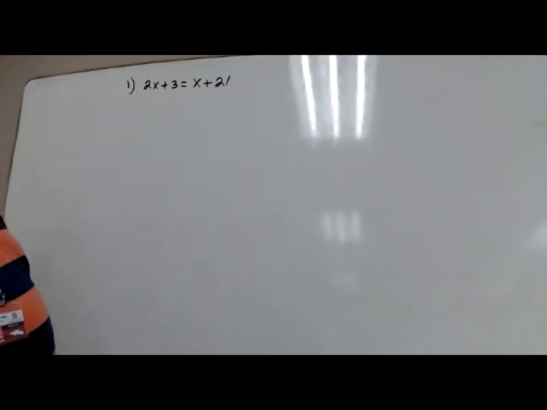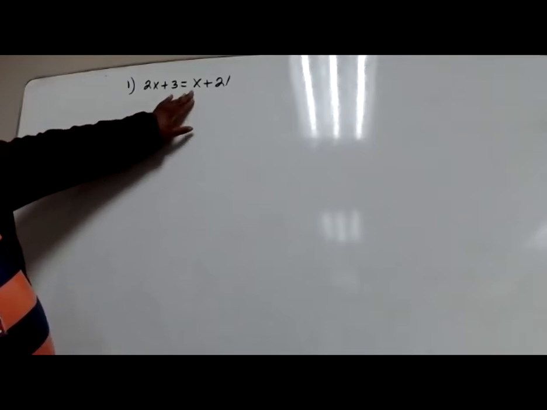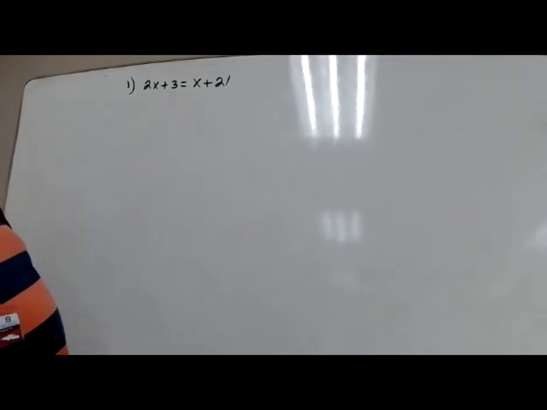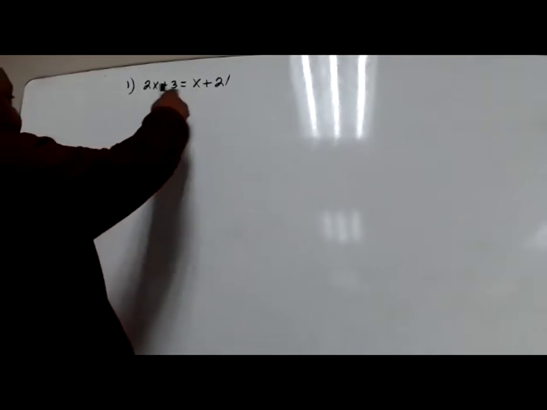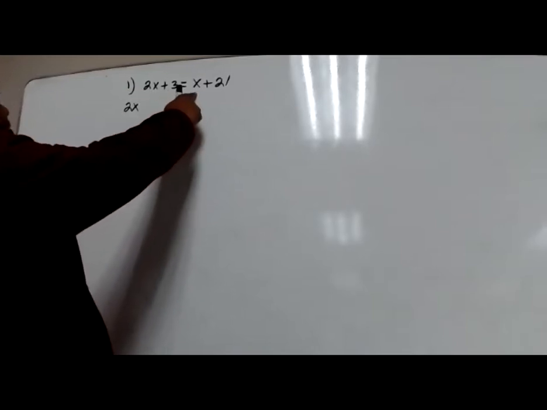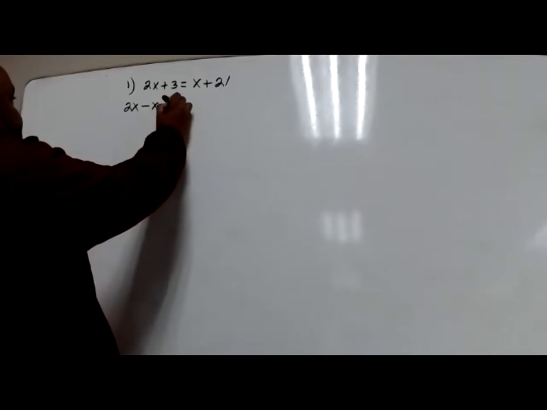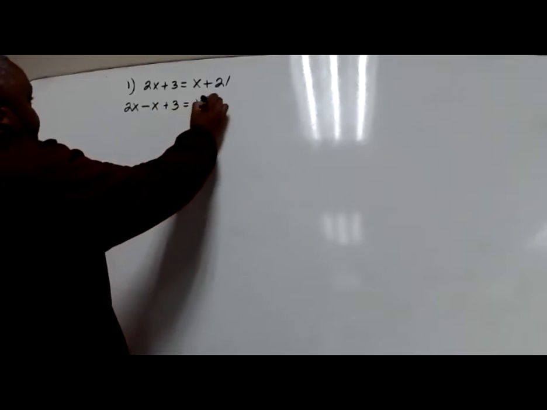First we'll move the x's to one side, and best practice is to move the variable that has the smallest coefficient over to the other side. That way you won't have to deal with negative numbers. So I'm going to move the x over to where the 2x is. This is like adding x, so the opposite would be to subtract x on both sides.